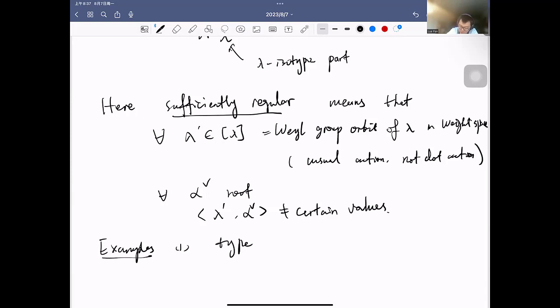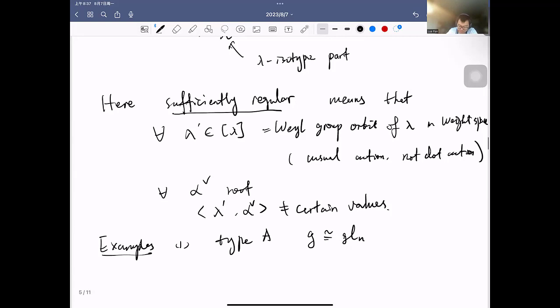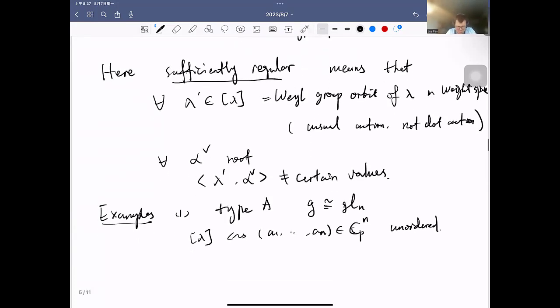So let's say for type A, G is just isomorphic to GLn. Then for this lambda, this orbit is the same as given n numbers, unordered. You see, I already shifted by rho.